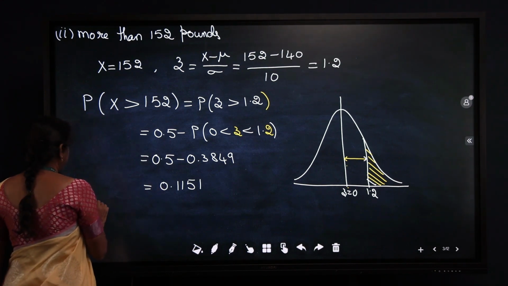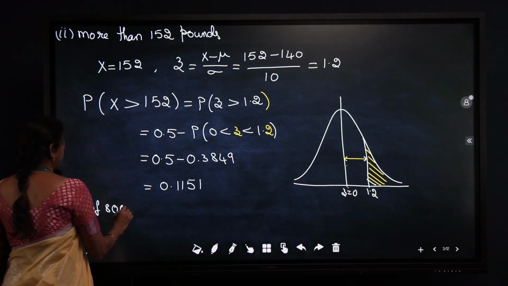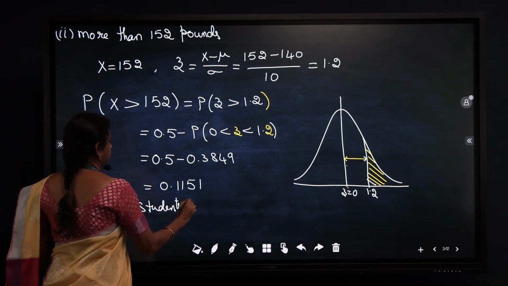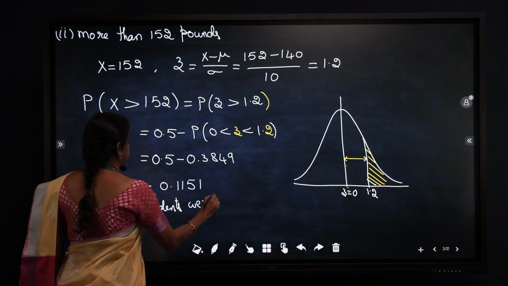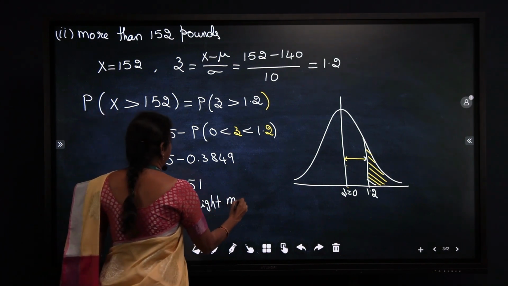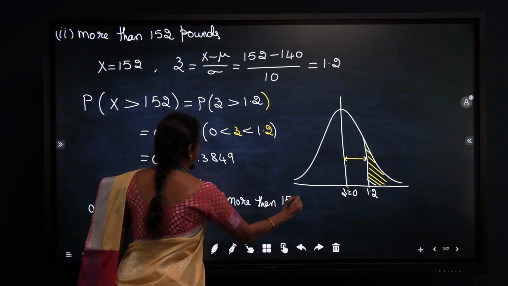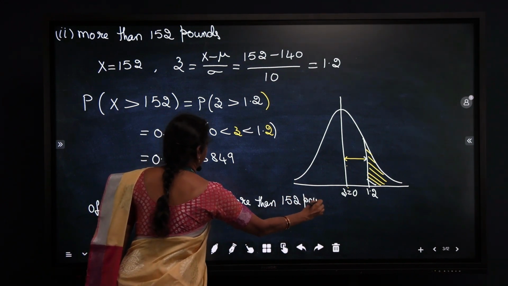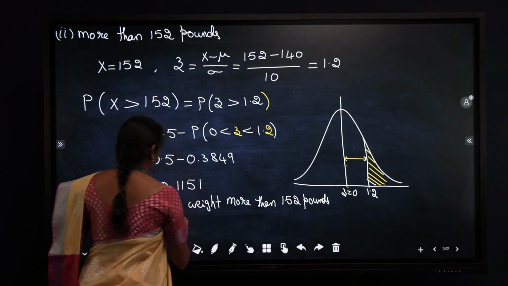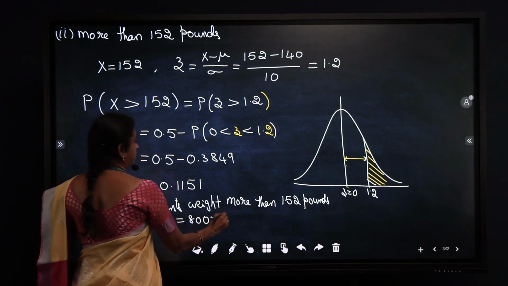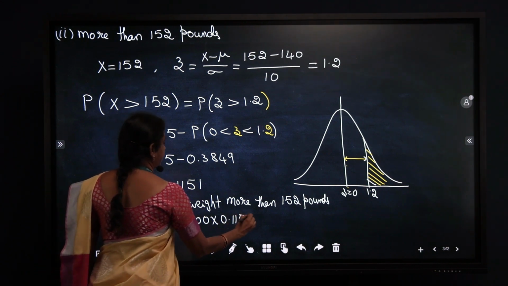So of 800 students, the number whose weight is more than 152 pounds is 800 into 0.1151, right?